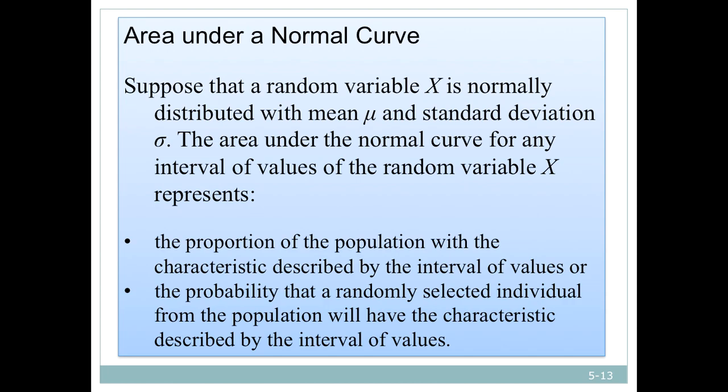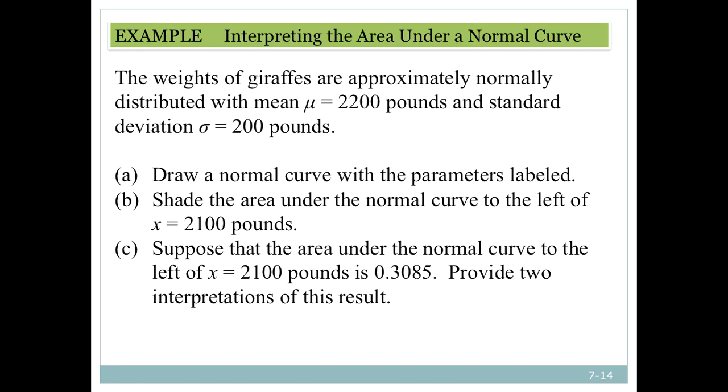So let's look at a couple of ways that we can form these interpretations. This is just about understanding what the value that you actually get actually means. So let's take a look at an example here. The weights of giraffes are approximately normally distributed. The mean is 2,200 pounds and a standard deviation is 200 pounds. So we want to draw a normal curve and we want to go ahead and label our parameters.